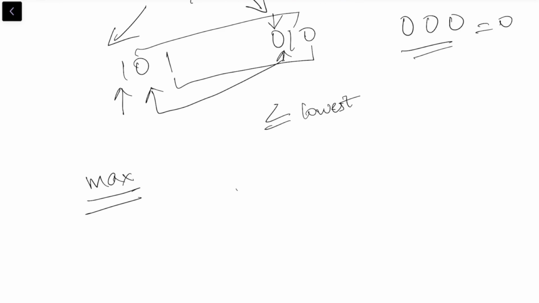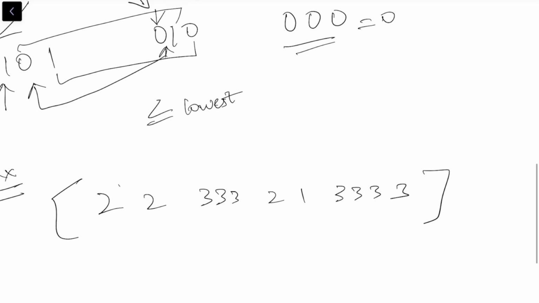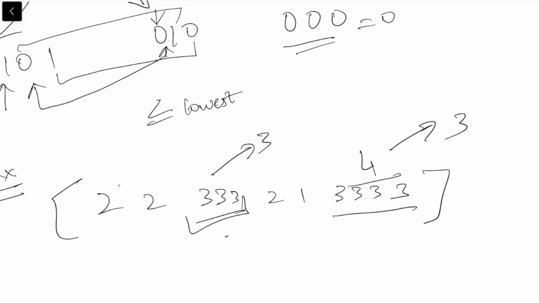I mean, if 2 2 3 3 3 and 2 1 3 3 3 3 are in an array, you need to return 4, the length of the maximum array that will yield the maximum AND value. Here the maximum AND value is 3. Here it is also 3, but the length of this particular array is 3, while the length of this particular array is 4.